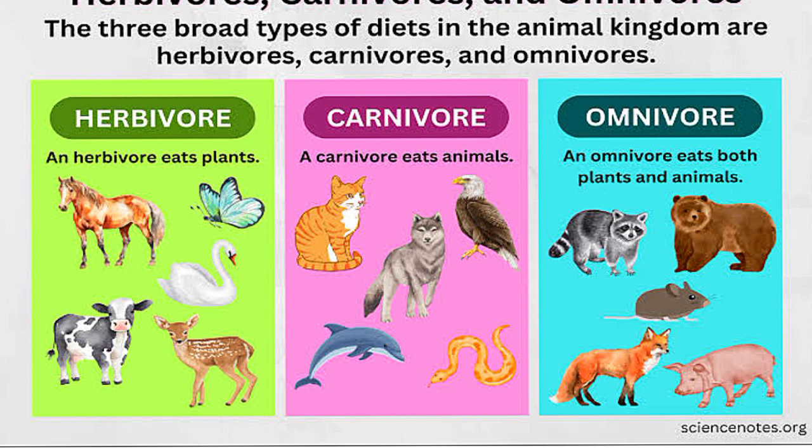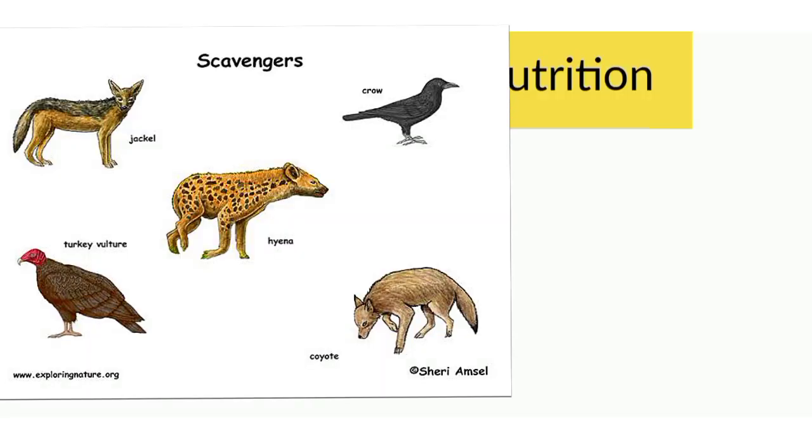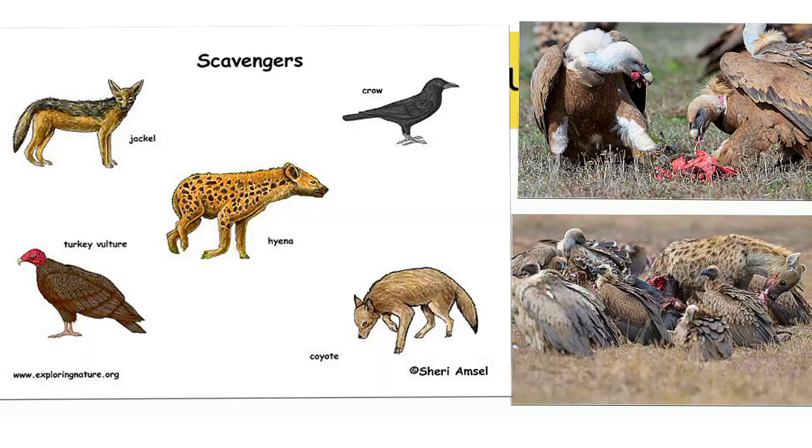Then we have the carnivores, which are animals that feed on flesh. They are mostly predators. The third group are the omnivores. These are organisms that feed on both plant and flesh. Then lastly, we have the scavengers, which feed on animals' tissues.